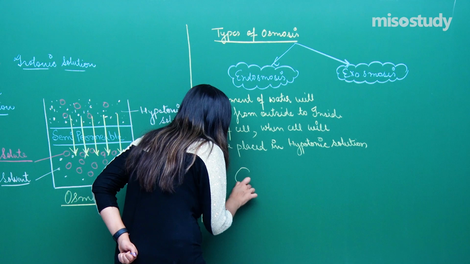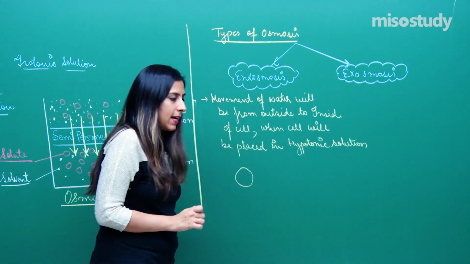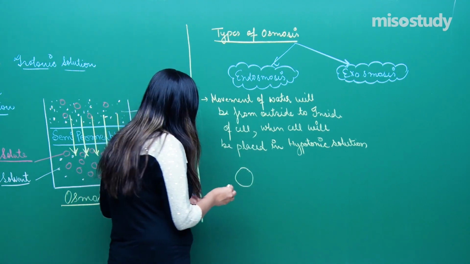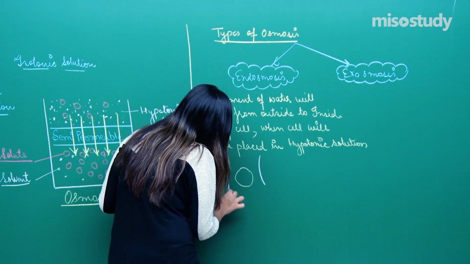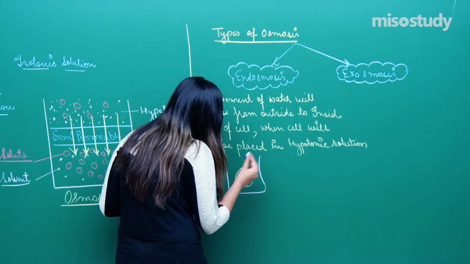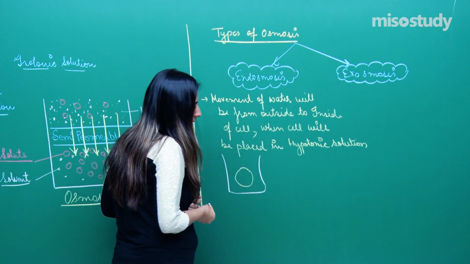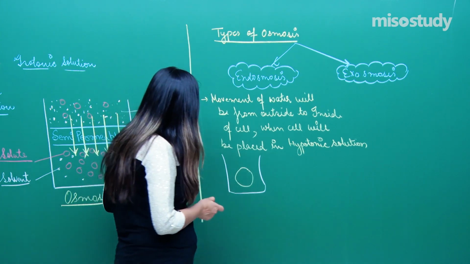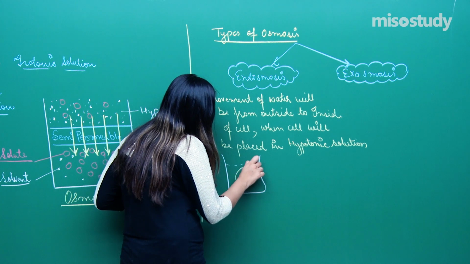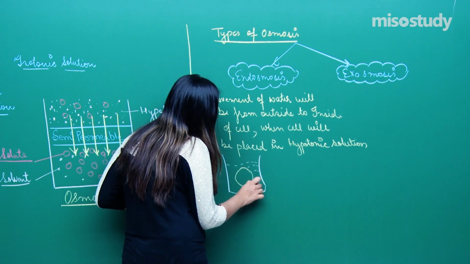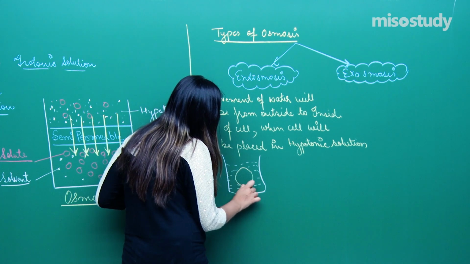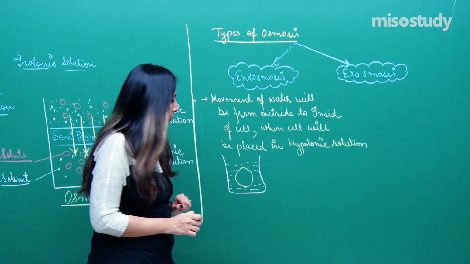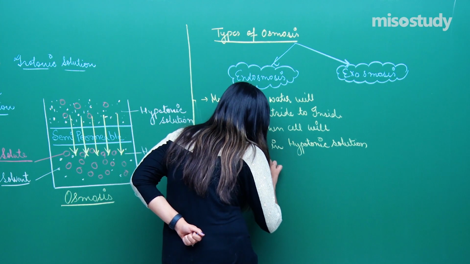Suppose I have one cell, right? And that cell is placed in, suppose this is a beaker, and I have drawn only a single cell. Actually, this doesn't exist like this. And I have placed some water, or you can say hypotonic solution, all around. This is a hypotonic solution.